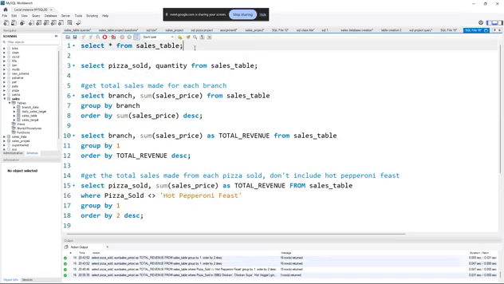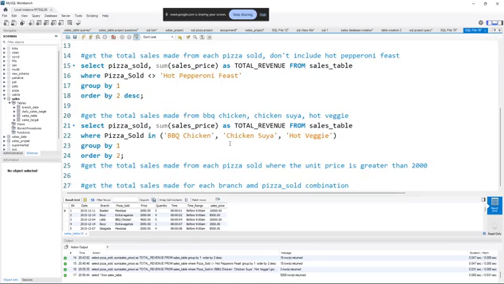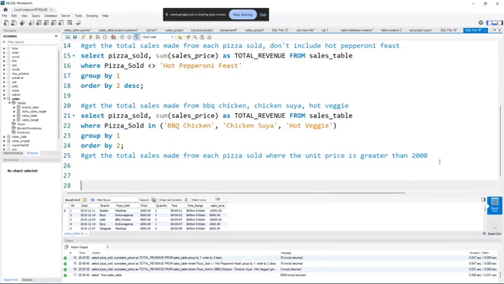I want to get something out from it. Okay. So now get the total sales made from each pizza.